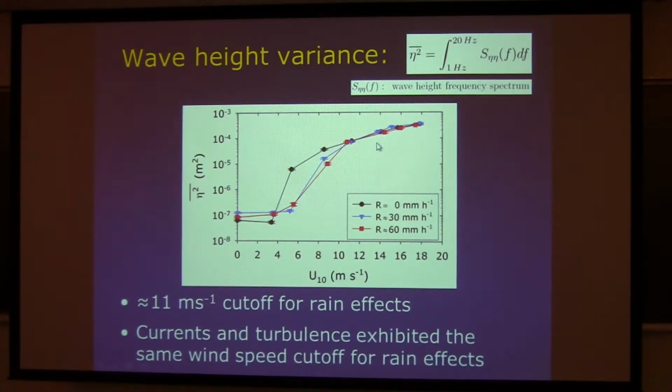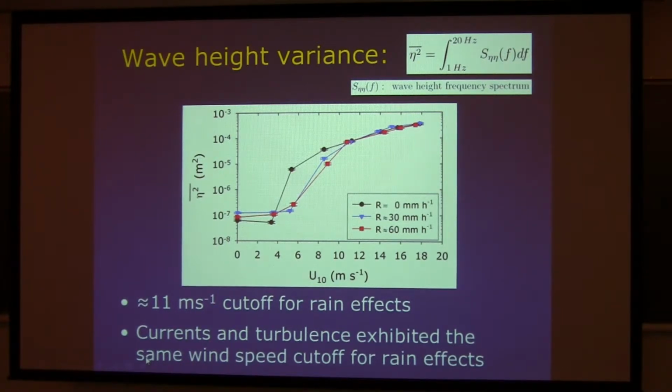In the lab, how big is your wave tank? The number read there is 10 to the minus 4, so they give you 10 to the minus 2. It's variance, so you've got to take the square root of that to get the standard deviation, which is 10 to the minus 2, so about 1 centimeter.